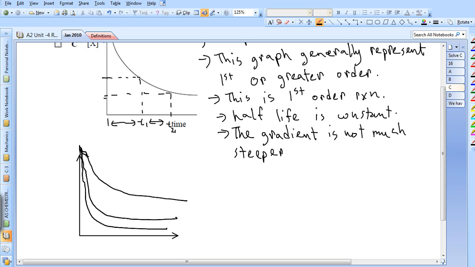Only first order will have a constant half-life. Besides first order, second or greater order will have a non-constant half-life.